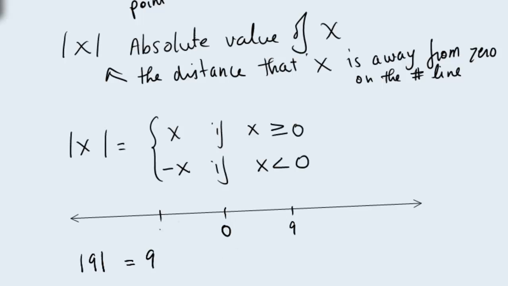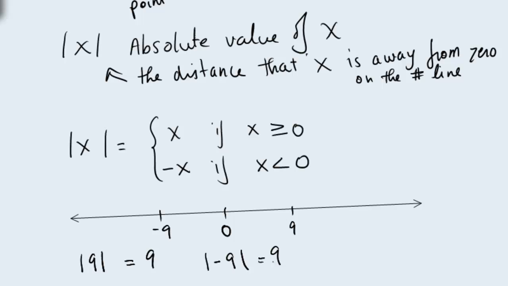What about the distance to, let's say, -9? Well, that's the same as writing this. Remember, this I said means what is the distance that -9 is away from 0. Okay, -9, since I'm measuring it in units and the distance is always positive, is equal to 9 units away from 0.